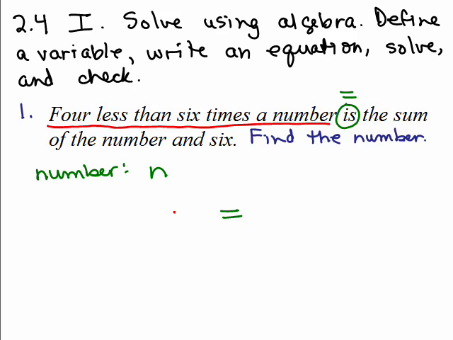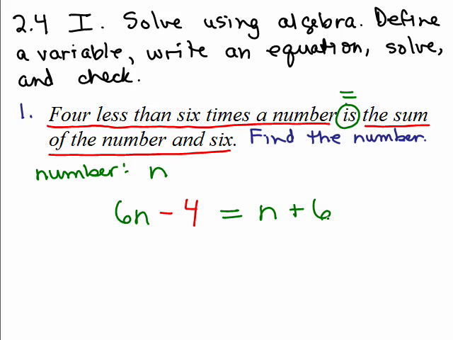So we're subtracting 4, right, because it's 4 less than something, and it's 6 times the number. Remember what we called the number? It was n. So we have 6n. And on the right side, we've got the sum of the number and 6. So since the number is n, the sum would be n plus 6. There's our equation. And now we simply solve this equation like we've been doing all along.